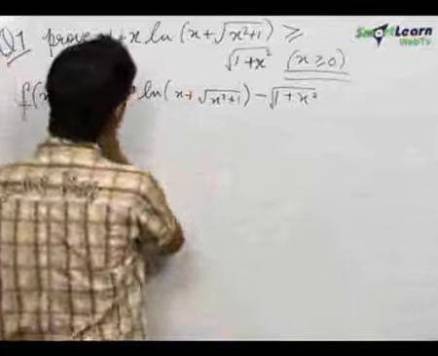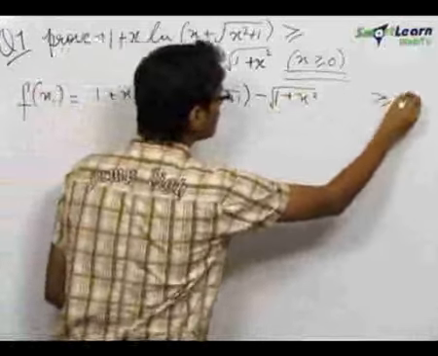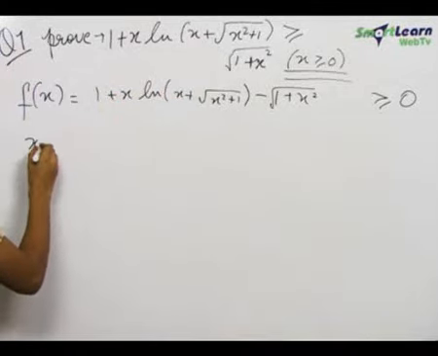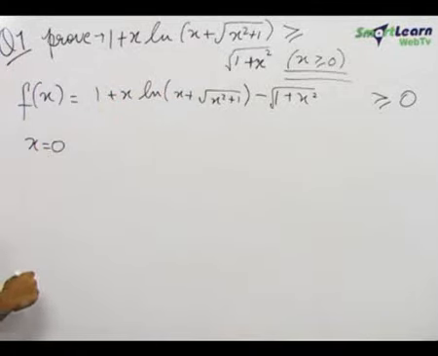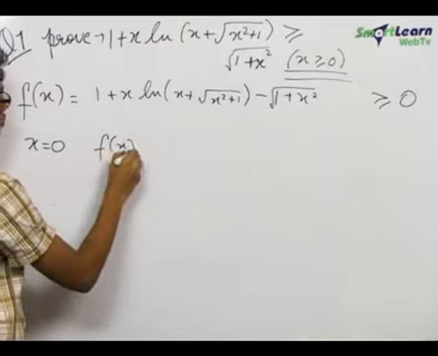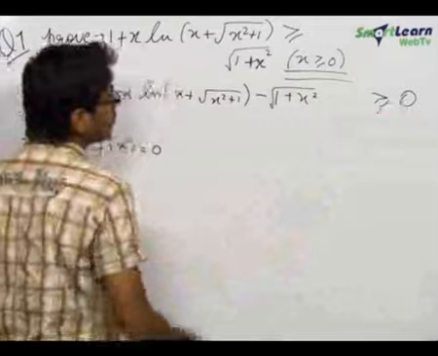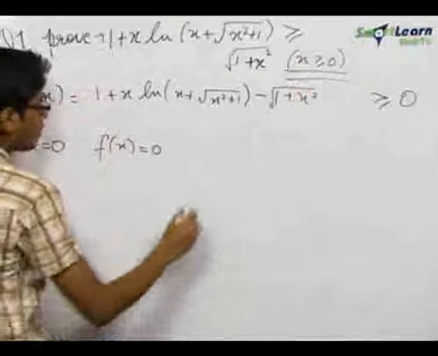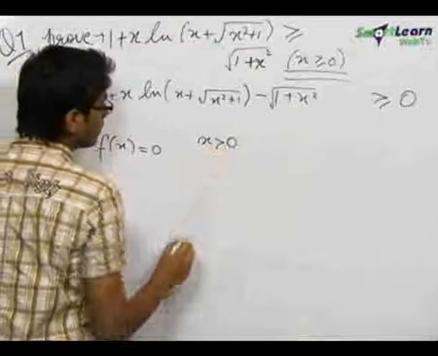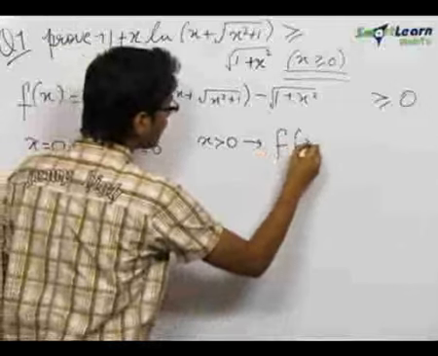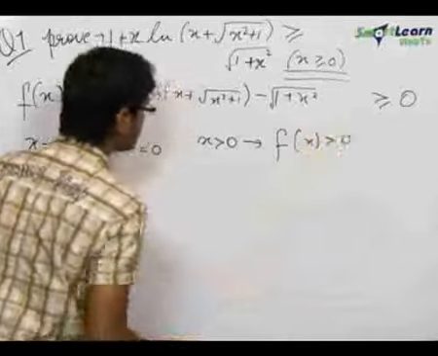Now we just need to prove this f of x is greater than or equal to 0. Now very clearly, if we put x equals to 0, then f of x is equal to 0. So the equality part has been proved for x equals to 0. So for the inequality part, x greater than 0, we need to prove that f of x has to be greater than 0.